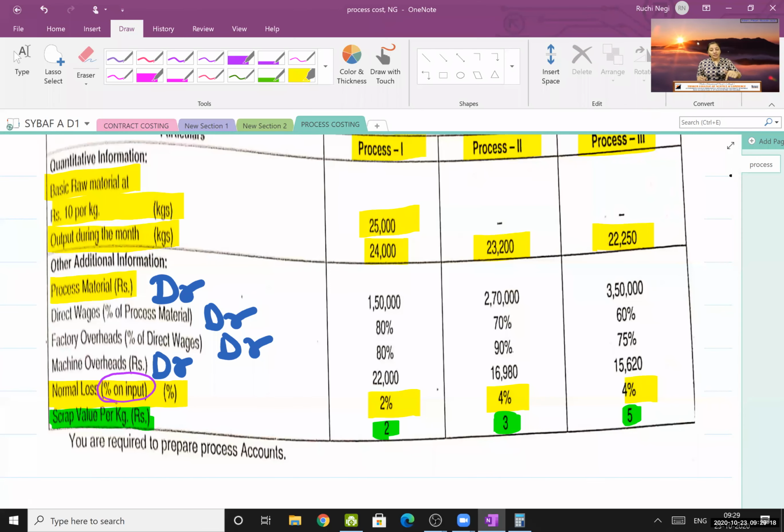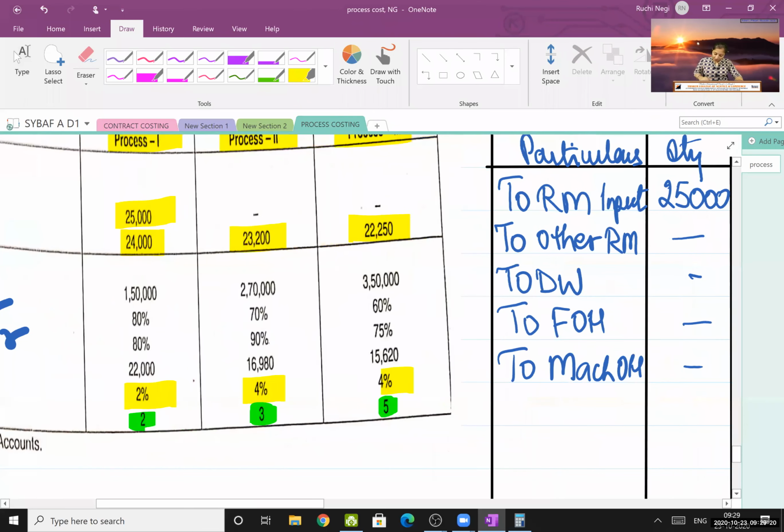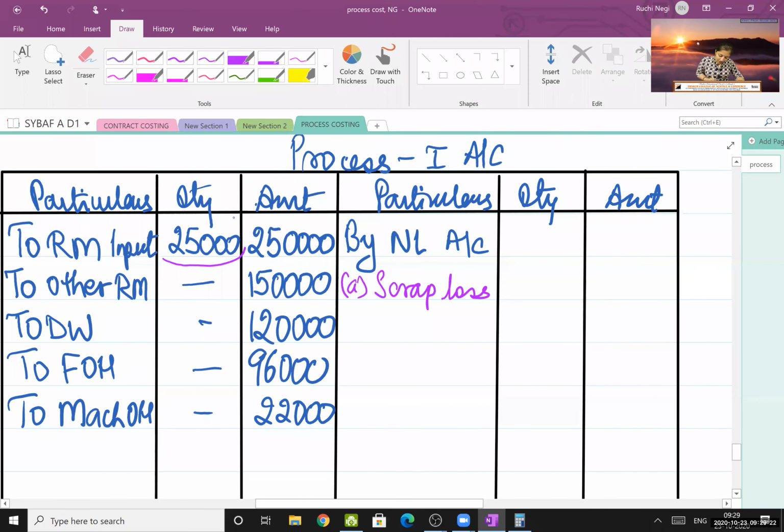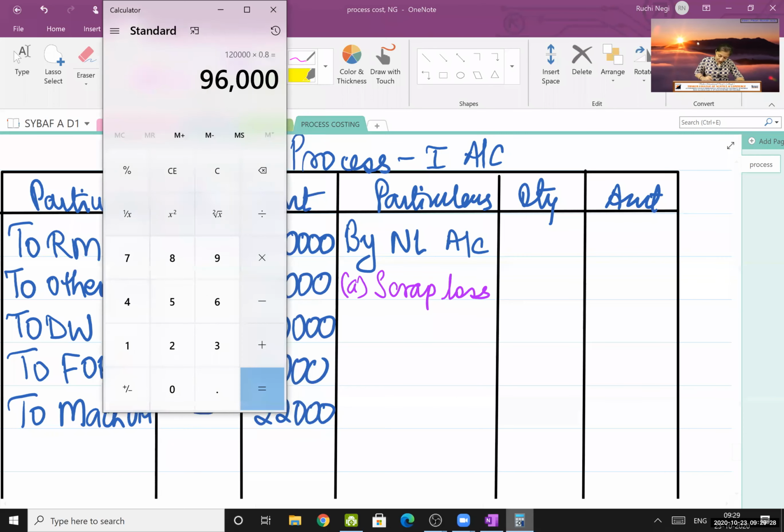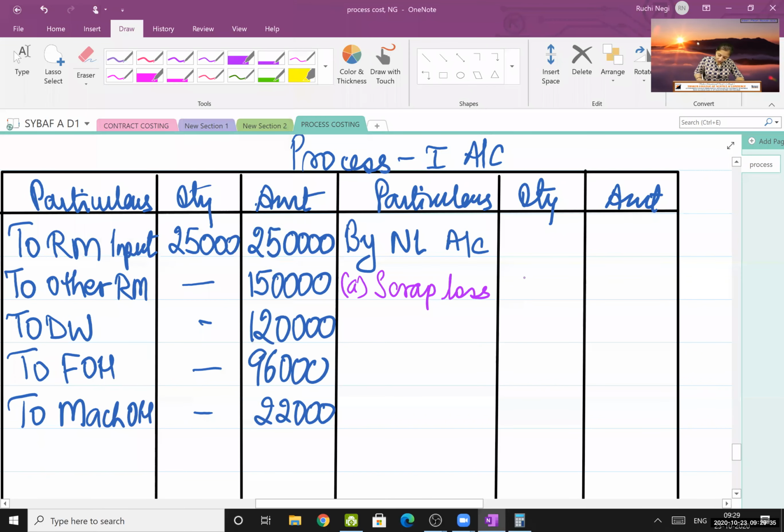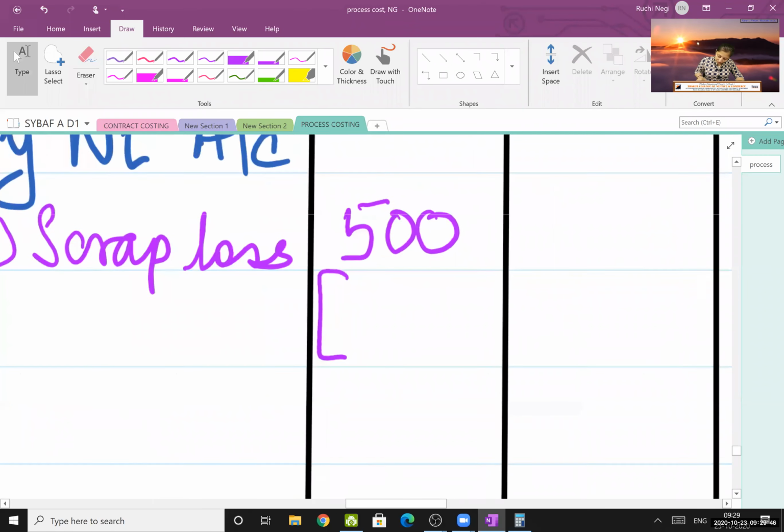Percentage on raw material input. Correct? So how much is my raw material input? 25,000. So 2% of 25,000. Am I clear? 25,000's 2% is 500. So right here 500. Okay, right here. 25,000, 2%.